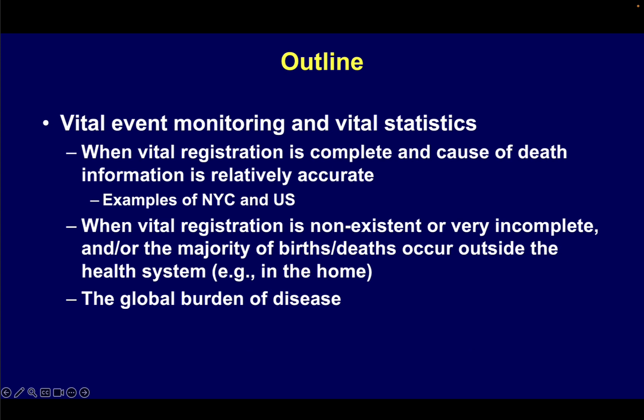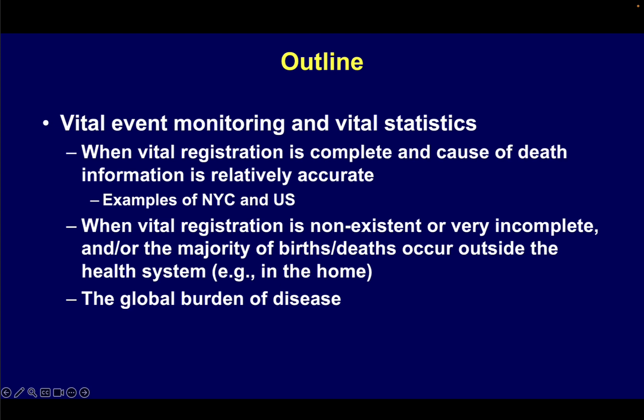So in this session, we'll be focused on vital event monitoring for vital statistics, and we will be covering two broad categories. The first is when vital registration, that is birth and death registration, is complete and cause of death information is relatively accurate. This is the model for resource-rich settings, and we'll use the examples of New York City and the United States.